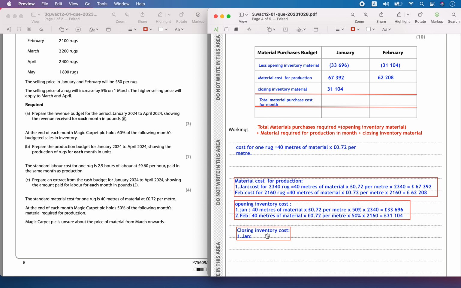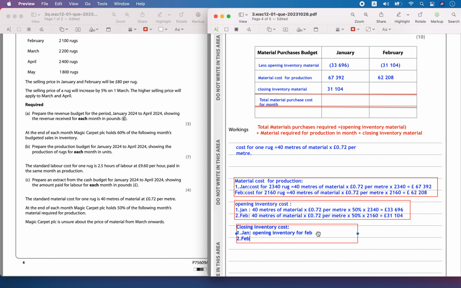Only for the closing inventory of February do we have to calculate. The closing inventory for Jan is going to be the opening inventory for Feb, so they are going to be the same.